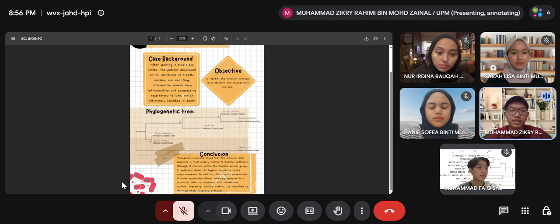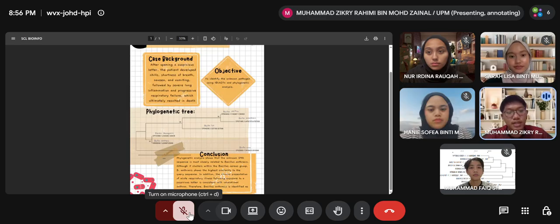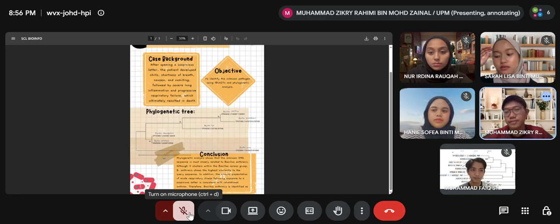Specifically, the patient's severe respiratory symptoms following exposure to a suspicious letter are consistent with inhalational anthrax, which is the most severe form of the disease and has a high mortality rate if not treated promptly.